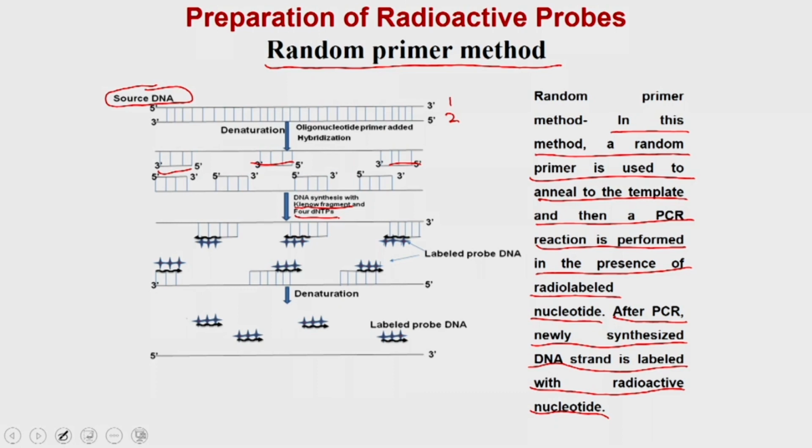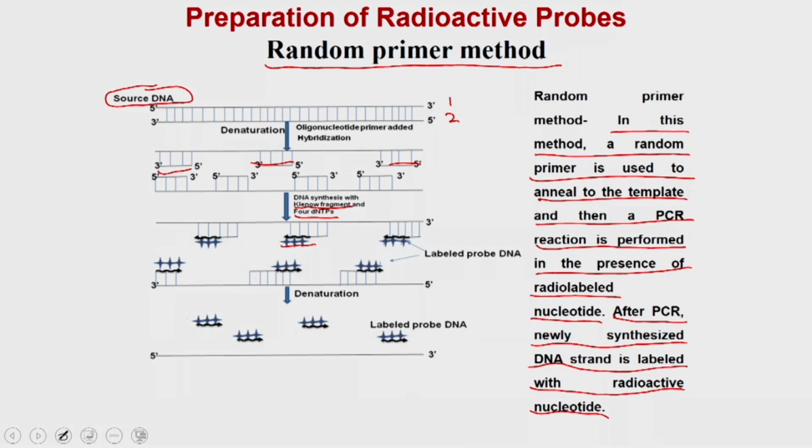The Klenow fragment will take this particular primer and synthesize the stretch, and because of that it will incorporate the radio labeled nucleotides instead of normal nucleotides.